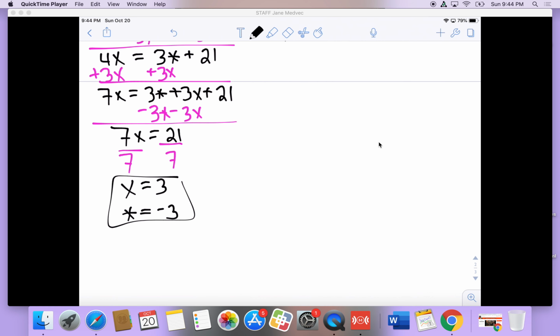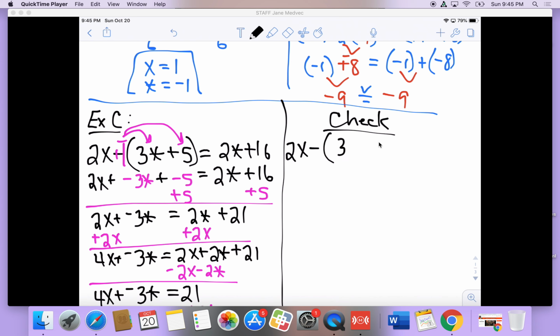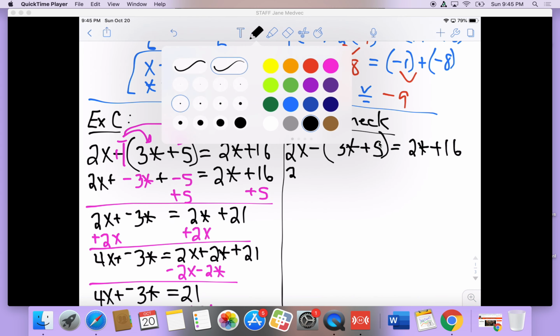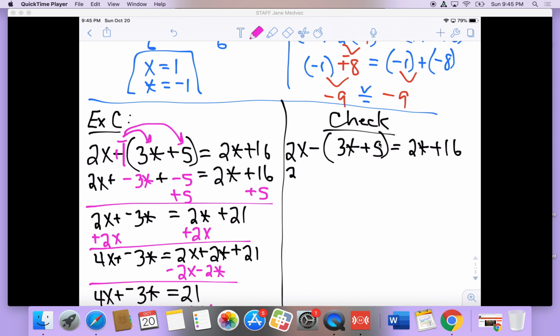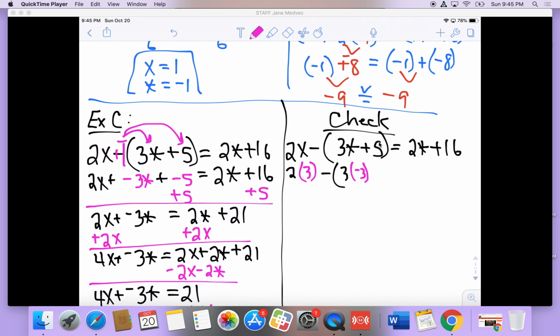So now what I'm going to do is finish with my check. I'm going to go back up here and start with the original problem. So 2x minus parentheses 3 star plus 5 parentheses equals 2 star plus 16. I'm going to take out my x and put in a 3. Take out my star and put in a -3.